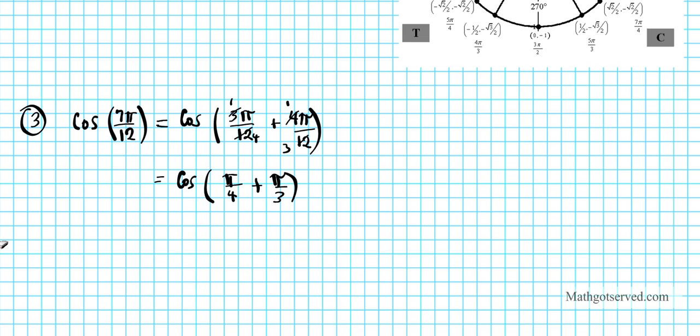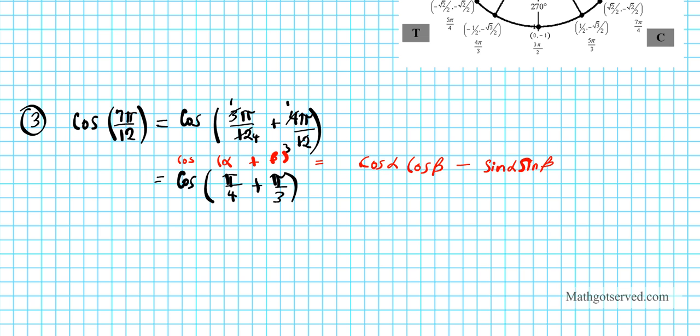Before we start evaluating trig functions at each coordinate, let's determine what formula we are using. This is alpha, the first one, plus beta, the second angle. So for cosine alpha plus beta, we're going to use the sum identity for cosine. The trig function stays the same: cosine alpha, cosine beta, but the sign switches: minus sine alpha, sine beta.